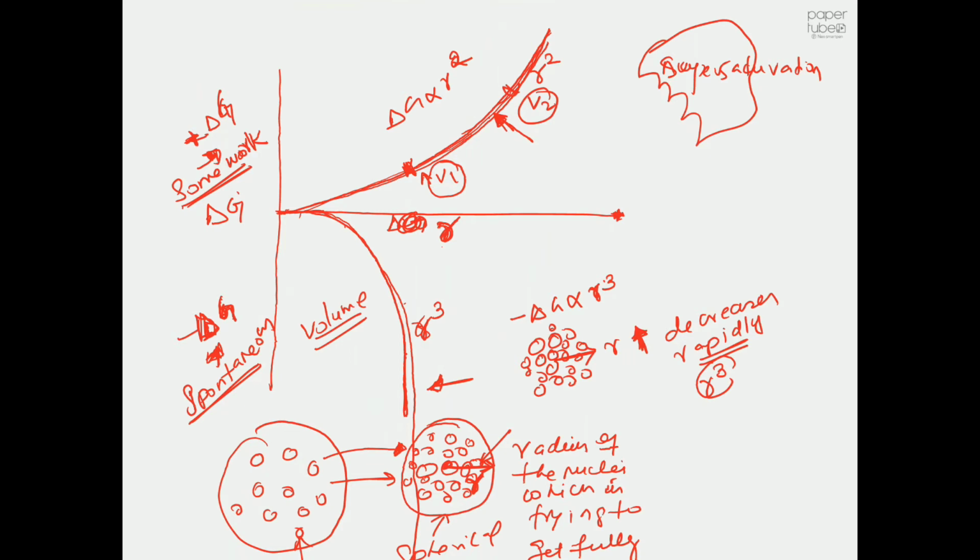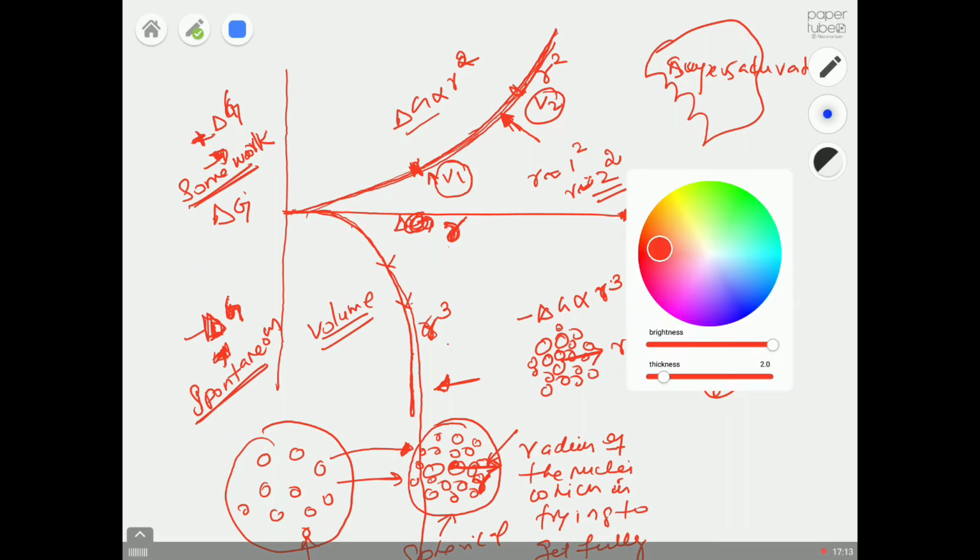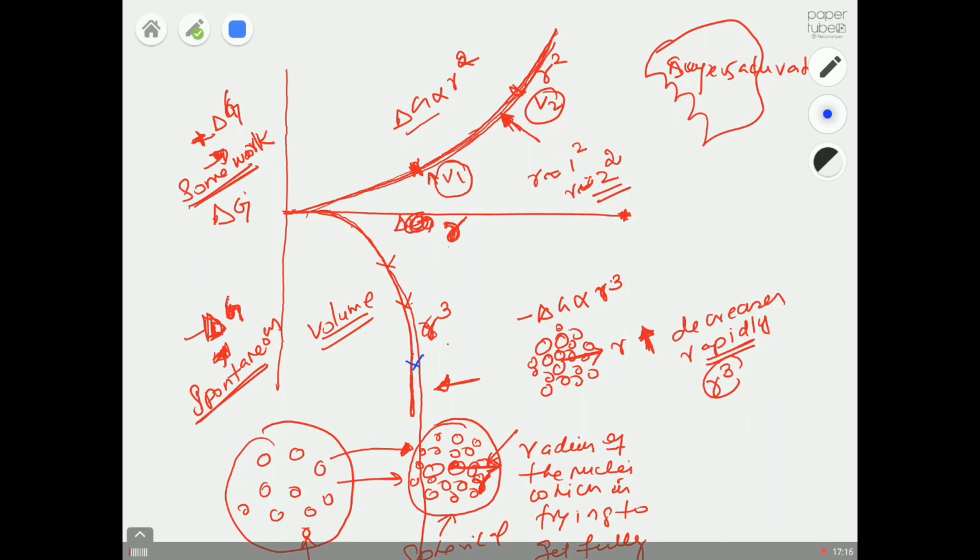Normally, imagine if the radius is 1, your delta G will be something like 1 raised to the power of 2. Approximate number, this is not accurate. If your radius is 2 centimeter, then the delta G that you need will be approximately equal to 2 square. That's the meaning. And if you come back down to this line, let's change some color, somewhere here and here.